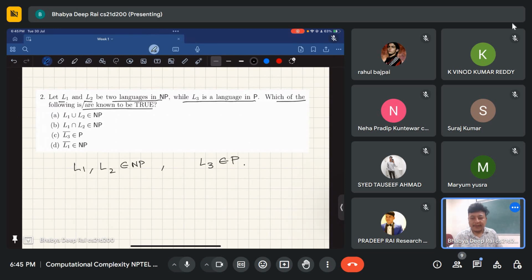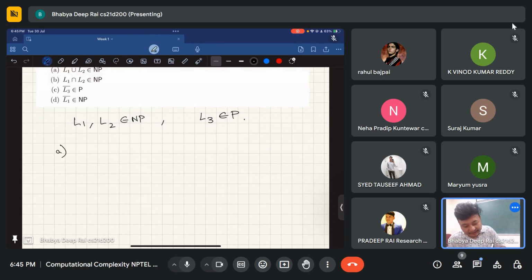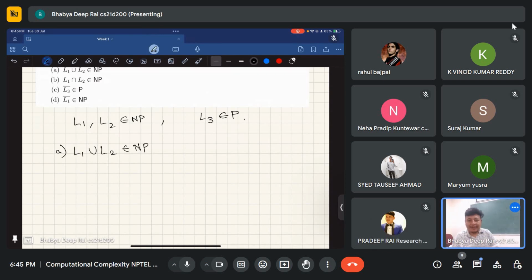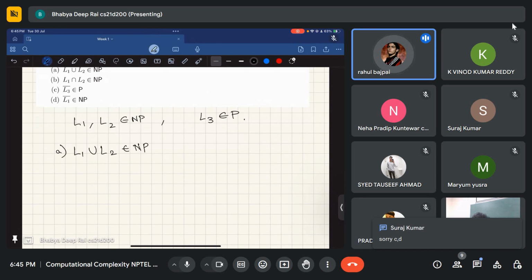So, okay, I think this was explained in the lectures, at least A and B. So I'll just explain the first one. L1 union L2 is in NP. Okay, Suraj says 3, 1. And 3, 1 means A and C. So B and D are not in NP. You are saying D is not in NP.